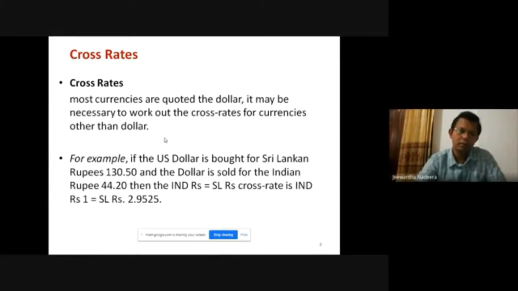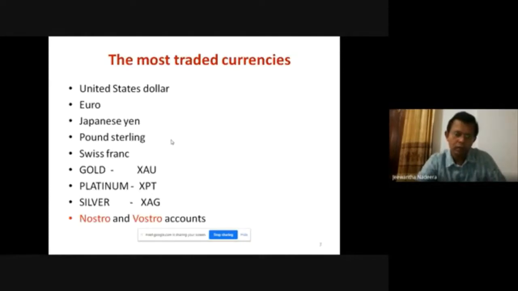What do you mean by cross currency? Cross currency in the sense that, for example, you have USD, and you are exporting tea to Germany. Same example as said before. When you export to Germany, what is their currency?